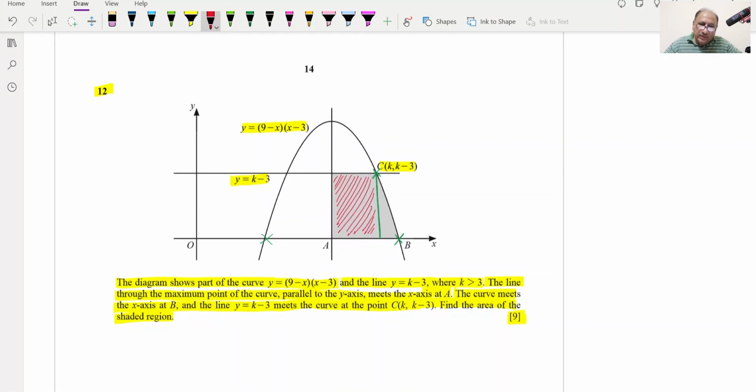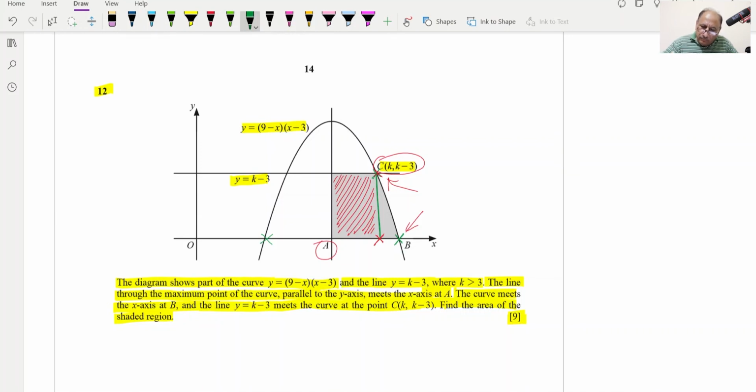So once we get these points, we will be able to find the rectangle. Then we will find the area under the curve from this point up to this point, and that will be the shaded area which we can shade in a different color.